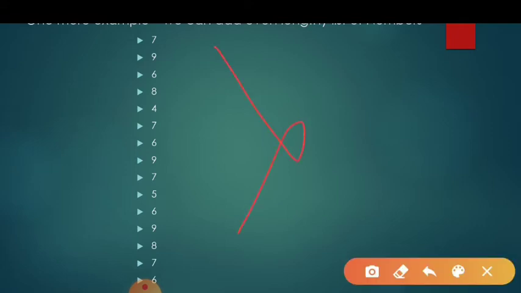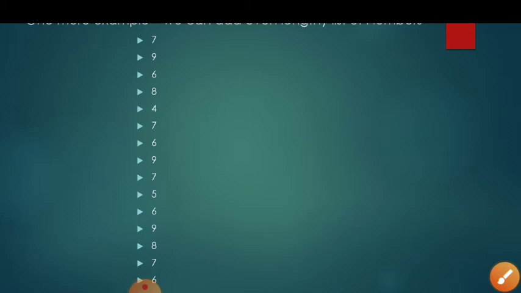These long sums you have to solve in 10 seconds without counting. When this kind of big sum is given, you have to learn that it is a very easy sum in this world.